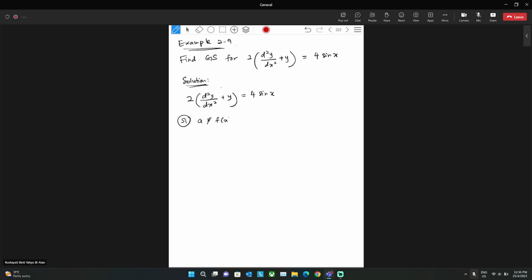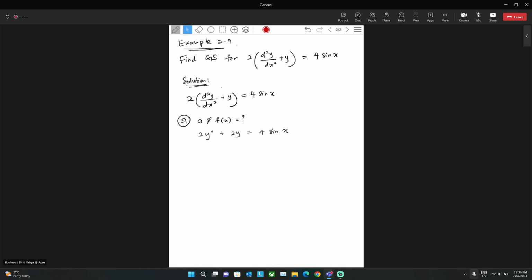When you refer to your equation here, you can change the equation as 2y double prime plus 2y equal to 4 sine x.